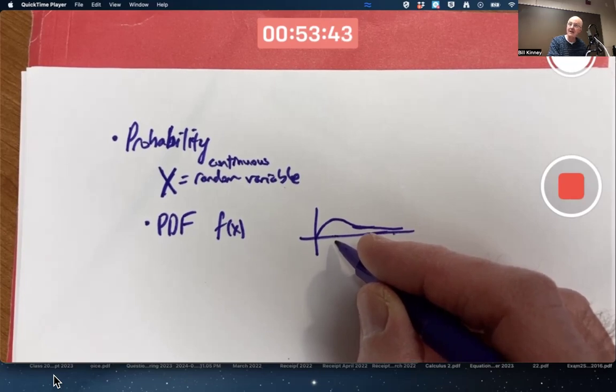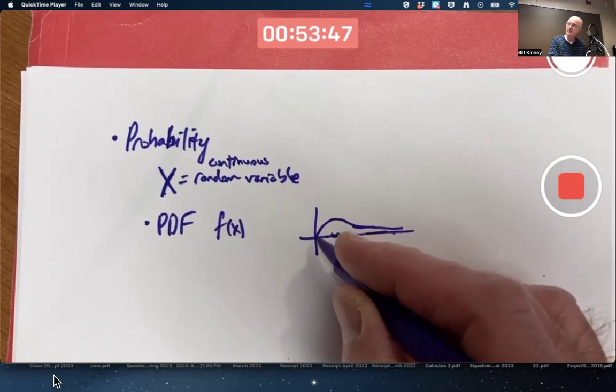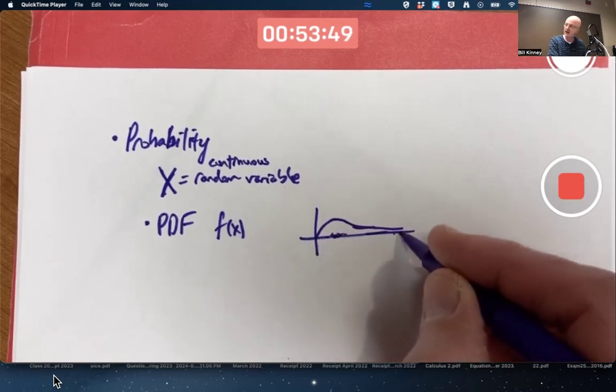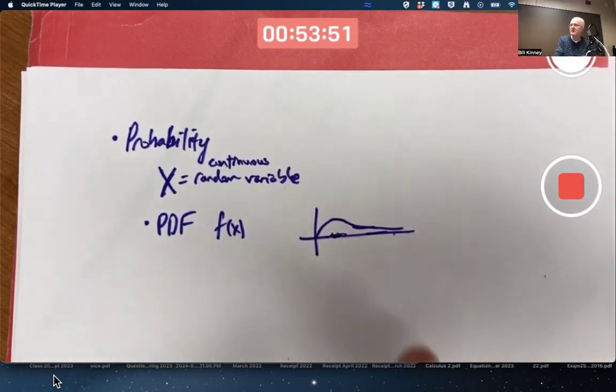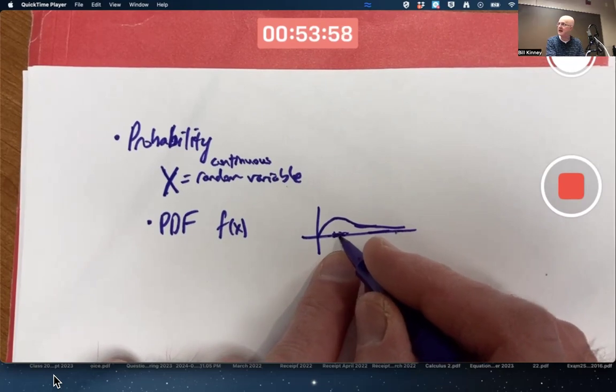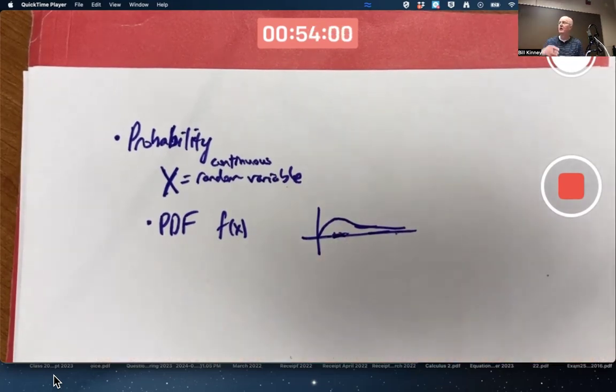If you had data that this was a model for, the data would be denser where the PDF is higher and less dense where it's lower. If you use the function, like with Mathematica, to do simulations, we saw that the simulated data is more dense where the PDF is higher.